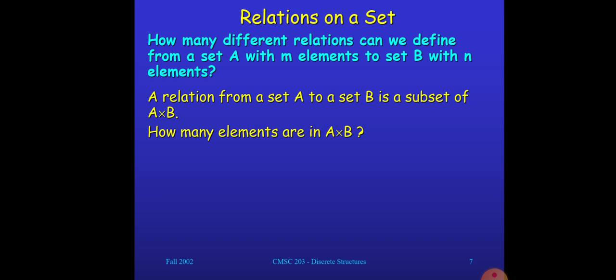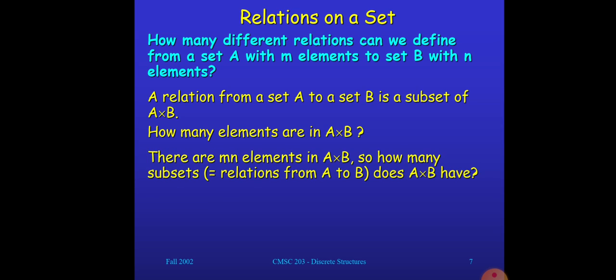How many elements does A cross B have? In the Cartesian product remarks, we did that if A has p elements and B has q elements, A cross B will have pq elements. So if A has m elements and B has n elements, A cross B will have mn elements.